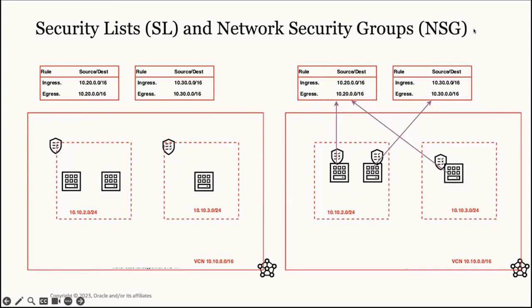So we've taken this network security group and given these rules this stamp of approval to this instance and this instance. And the key difference between a network security group and a security list from a security standpoint is that the network security group is having a human sign off on giving out that permission to the instance.